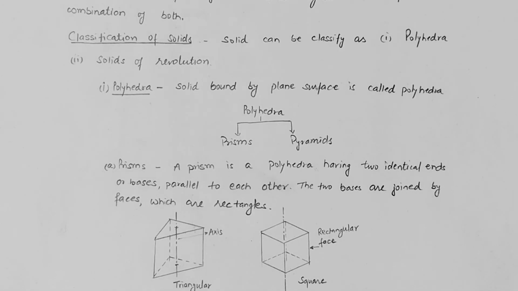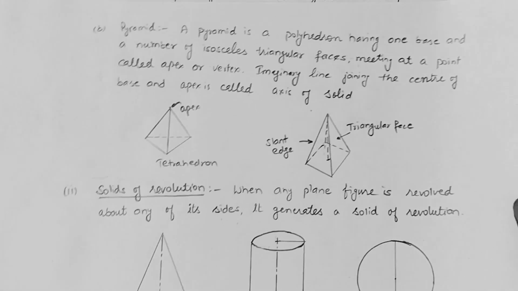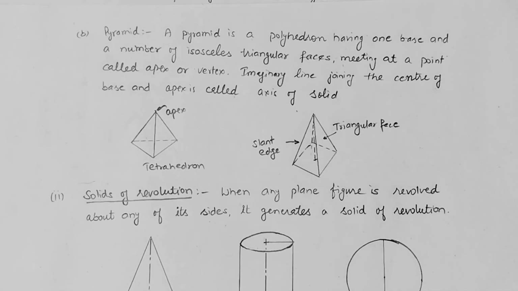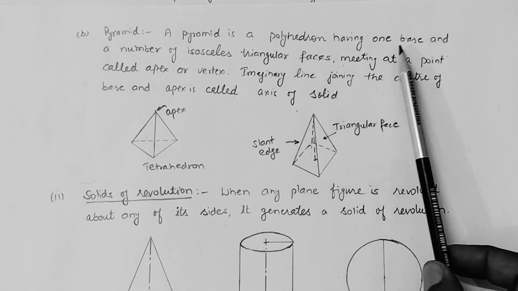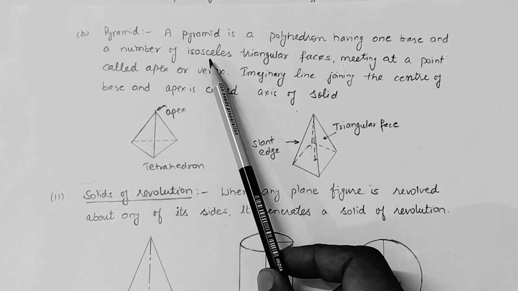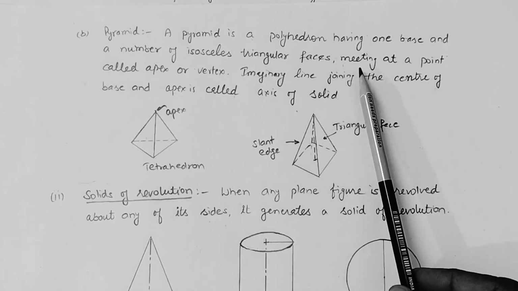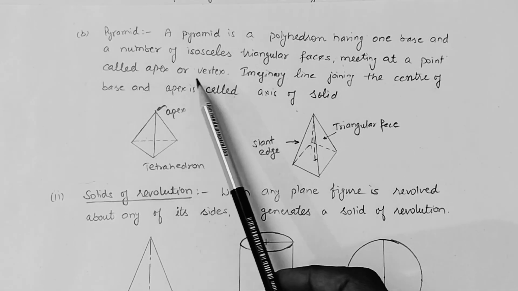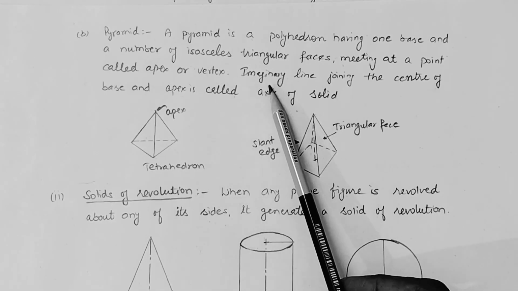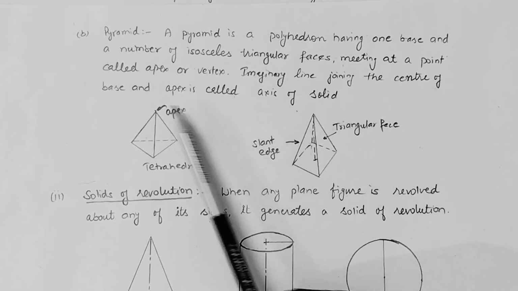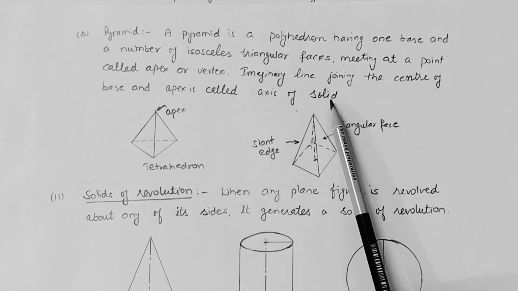Now is pyramid. A pyramid is a polyhedra having one base and a number of isosceles triangular faces meeting at a point called apex or vertex. An imaginary line joining the center of the base and apex is called axis of the solid.